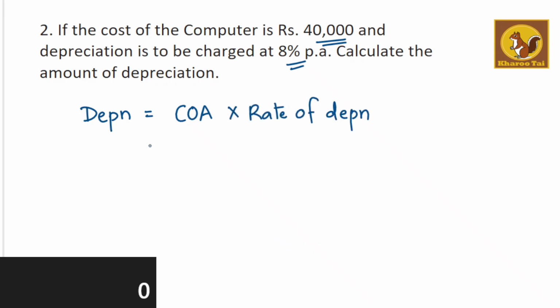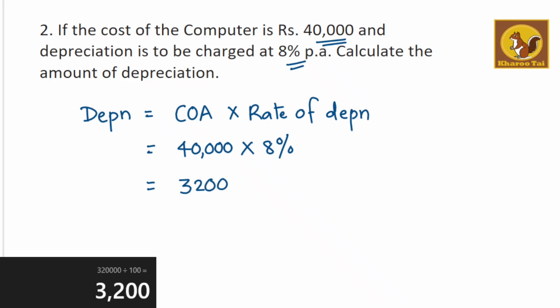In this case, the cost of acquisition is 40,000 and the rate is 8% per annum. So, 40,000 into 8 divided by 100. This is 3,200. Since the rate is per annum, this depreciation amount is also per annum.